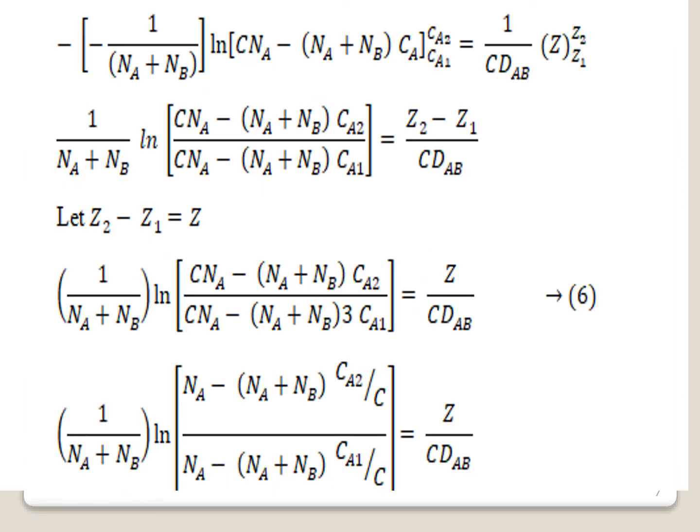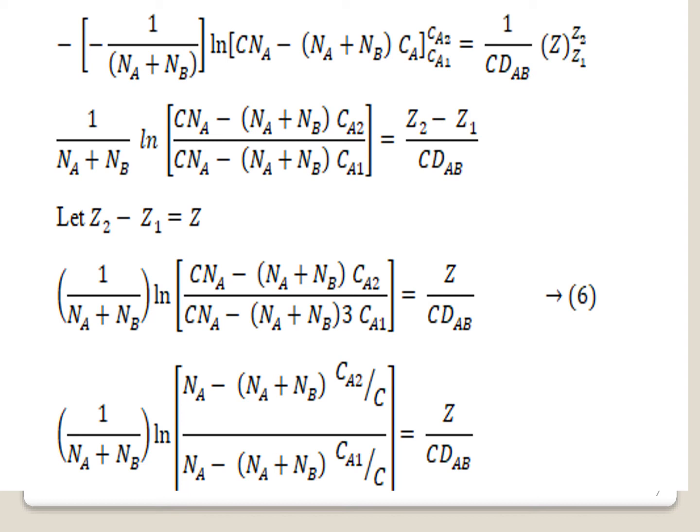Minus of minus 1 by (NA plus NB) ln of (C·NA minus (NA plus NB) into Ca), the limit is Ca1 to Ca2. The RHS side is 1 by C into DAB, the dz integration is simply z, the limit is Z1 to Z2. So on the LHS, minus into minus gives plus 1 by (NA plus NB). Substitute the limits Ca2 and Ca1, upper limit minus lower limit.